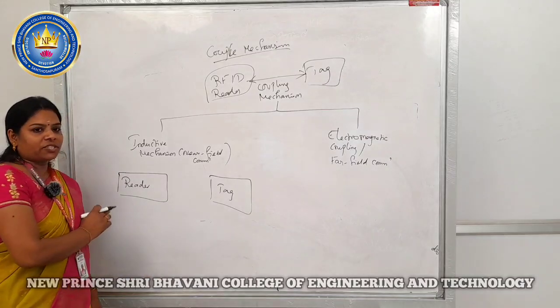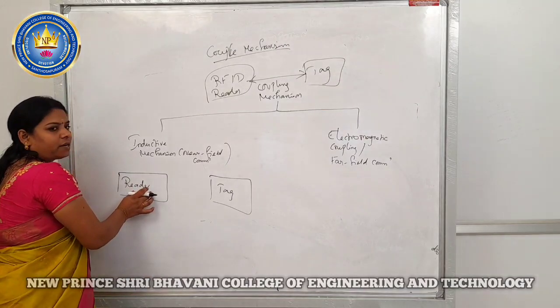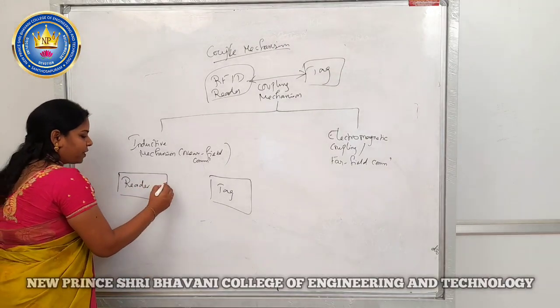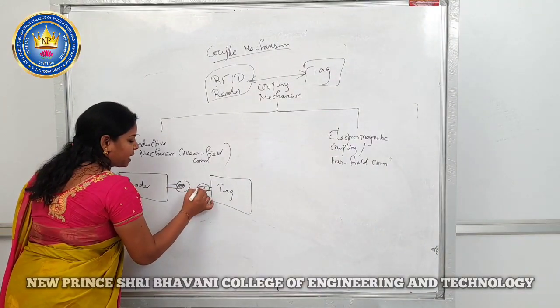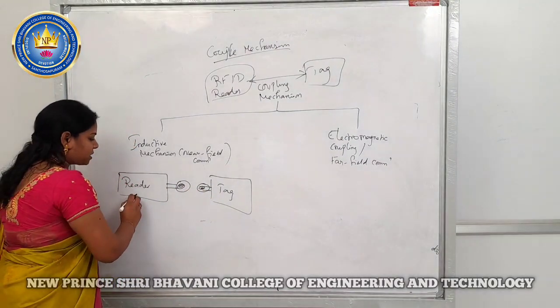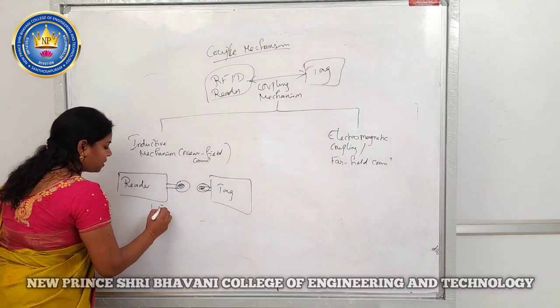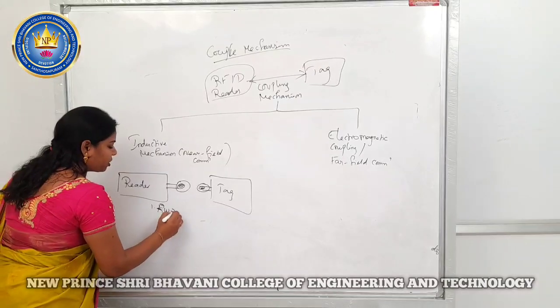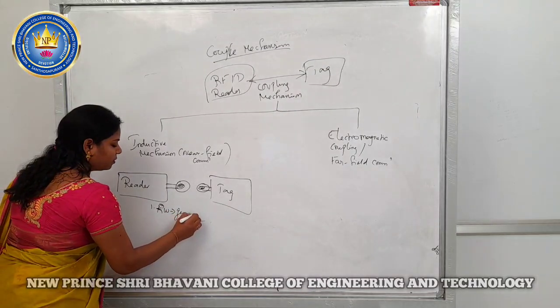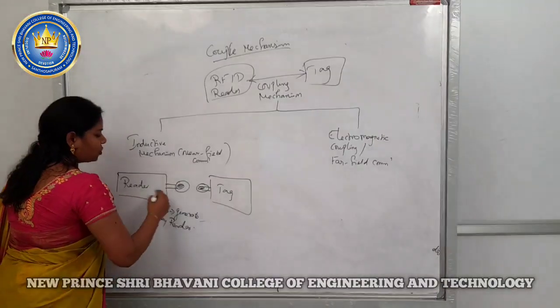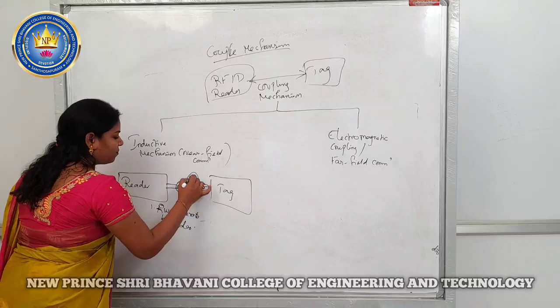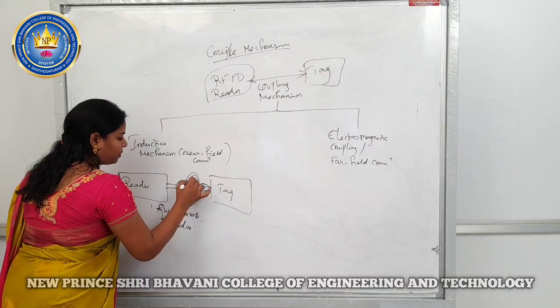So the process starts with the signal being continuously emitted from the reader. Here we have one antenna, and the tag is also connected with an antenna. The first process is that EM, that is, radio waves will be generated by the reader. So here EM waves will be induced in one coil.